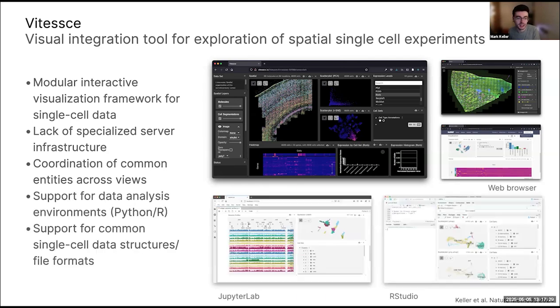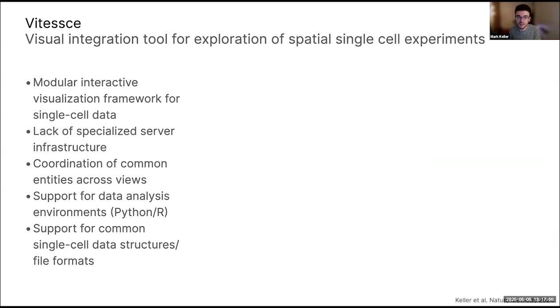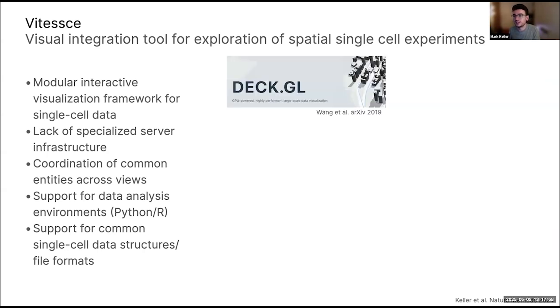And Vitessce supports data analysis environments in Python and R. So in Python, the Jupyter notebook, or in R, there's support for RStudio, and also loading data from standard single cell data structures like AnnData, or for imaging data, it supports the OME-TIFF format. Some of the tools used to build this framework are deck.gl for large scale data.